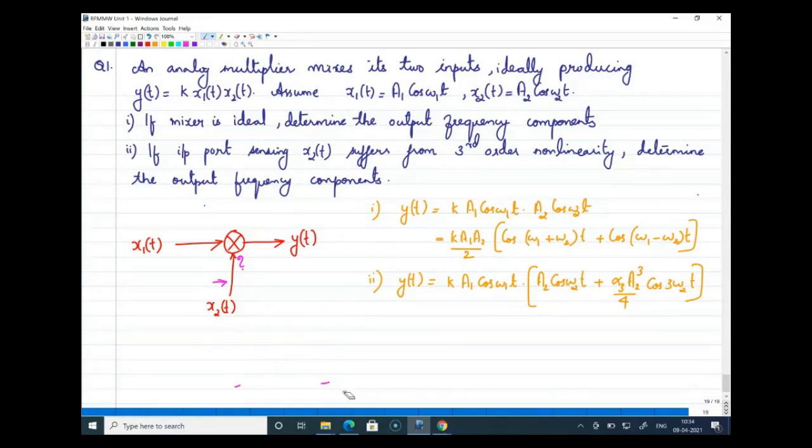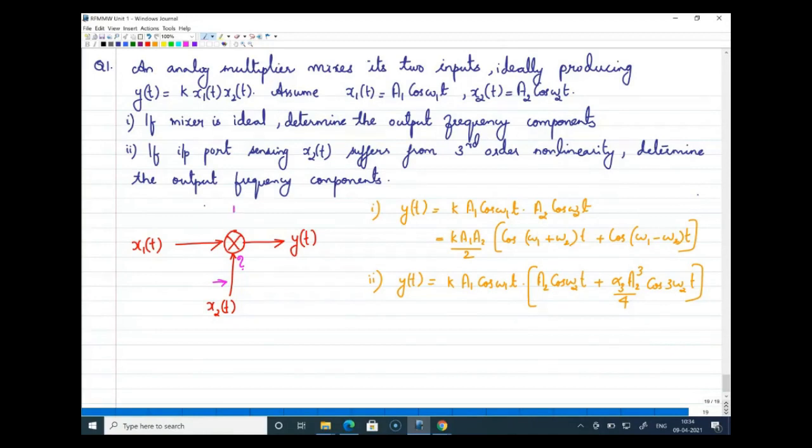So the whole intention here is, if I take that additional term, then you have to do a little more mathematics. You have to actually take the product. It will be one more additional step you may need to do in order to get the final frequency components. The whole intention of doing this example is to understand that if the system is linear, the products you will get straight away are the sum and difference, because that is what we expect from a mixer.